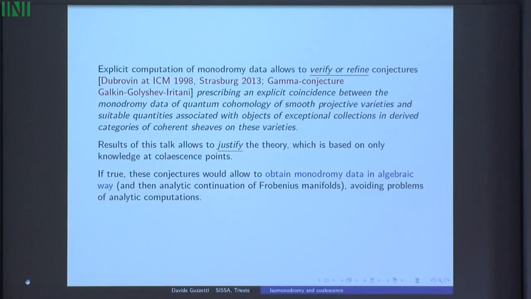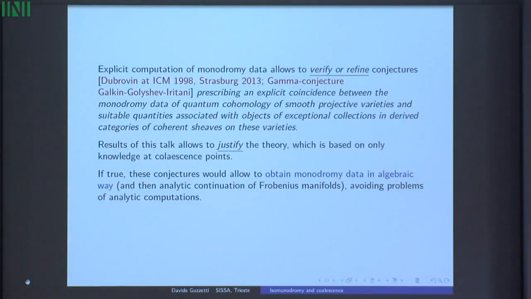So we were lucky in that case. In some cases, you can actually do the computations as we did. But in general, if you have a system of differential equations, it's very hard to compute the monodromy data. The conjecture tells you, don't worry, go to the algebraic side.